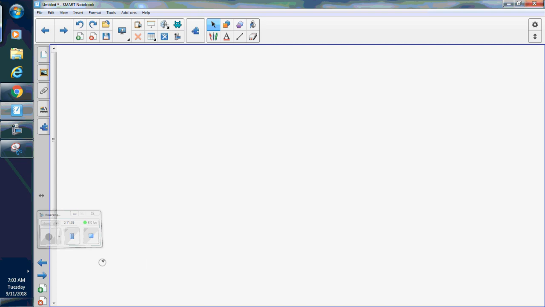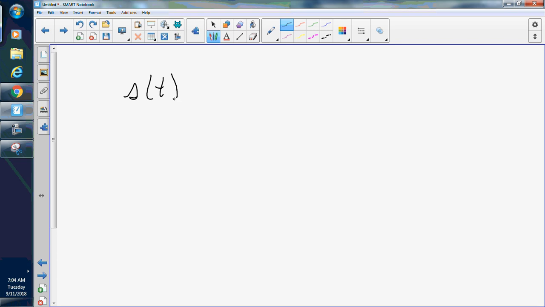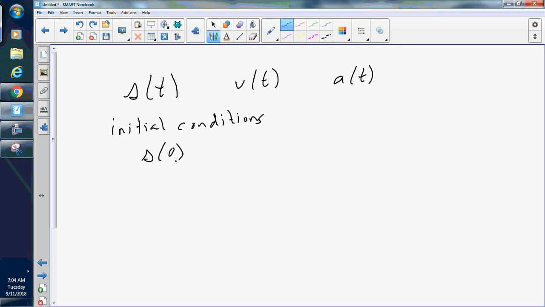So we now have connections between s of t, the position function or the displacement function, v of t, the velocity function, and a of t, the acceleration function. When we ask for initial conditions of any of these, we're asking for s of 0, which would be the position of p at time 0.